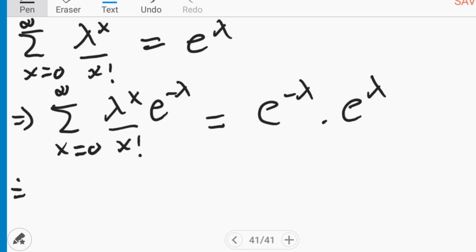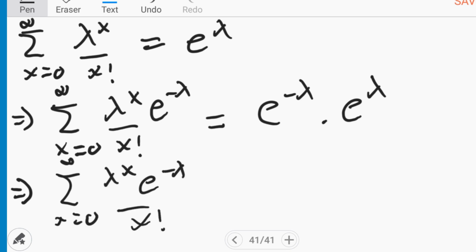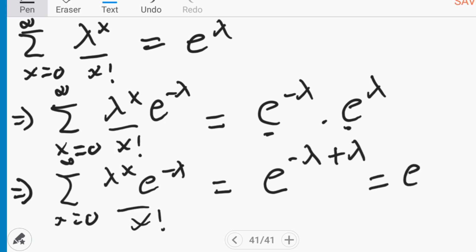So now this implies that we can write this whole expression as e. Because they have the same base, you can add their exponents. We end up getting e to the power 0.